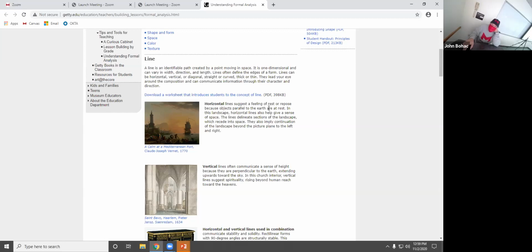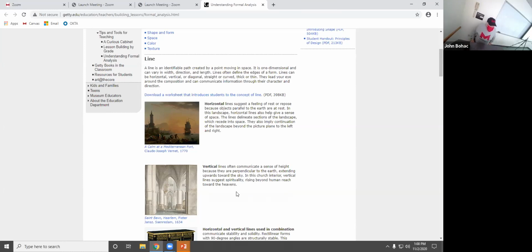Horizontal lines suggest a feeling of rest or repose because objects parallel to the earth are at rest. But vertical lines create a sense of height because they are perpendicular to the earth, extending upward towards the sky. And vertical lines suggest spirituality, rising beyond human reach towards the heavens.